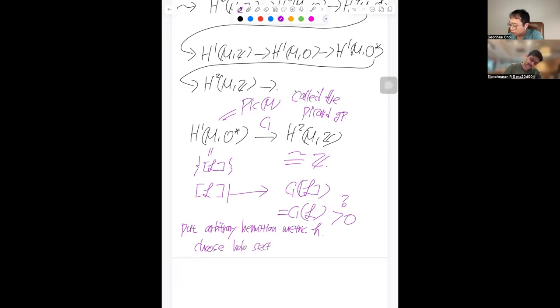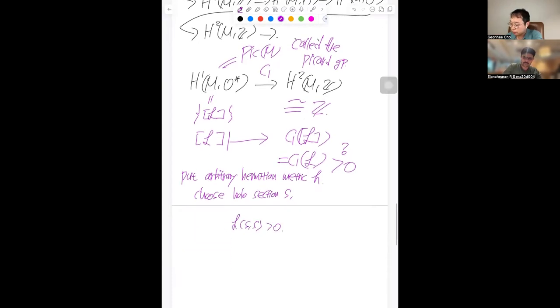I mean non-vanishing sections, say just S. Then this H of S becomes positive, so we put the log and put dd bar on this. So this becomes a differential two form.